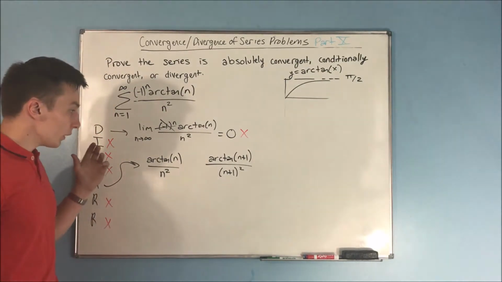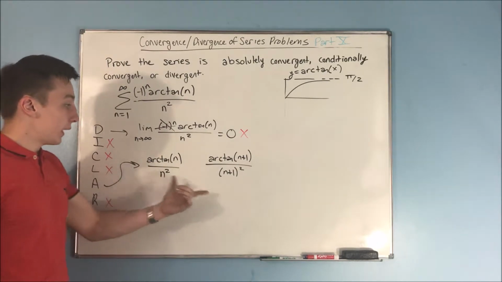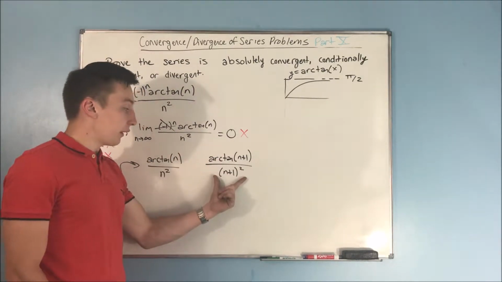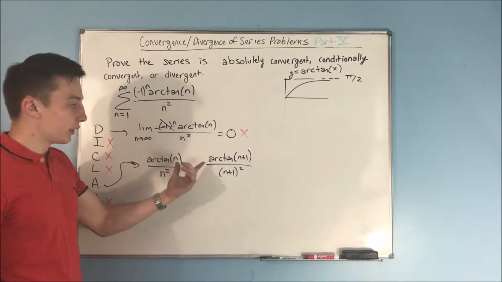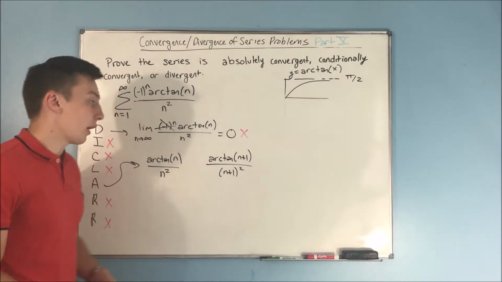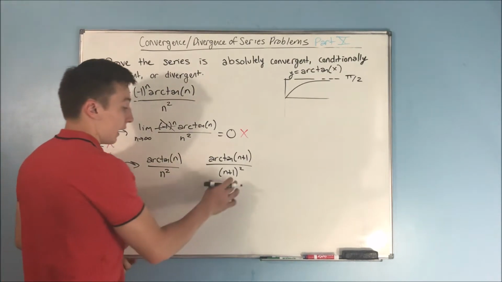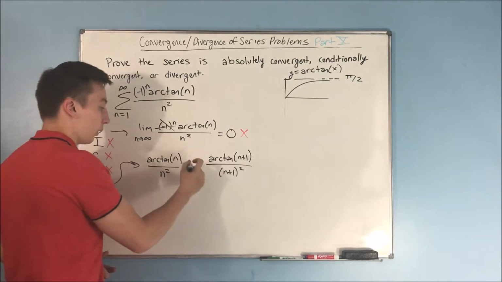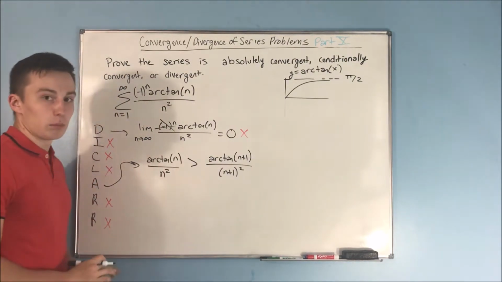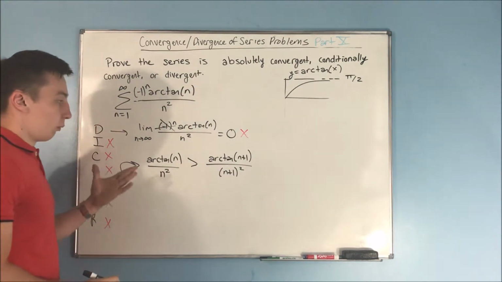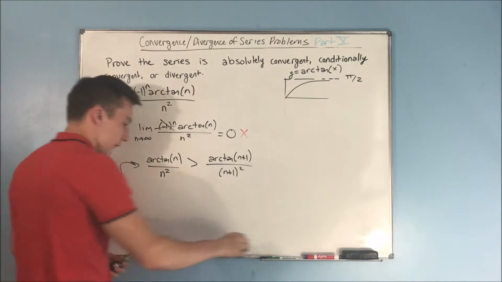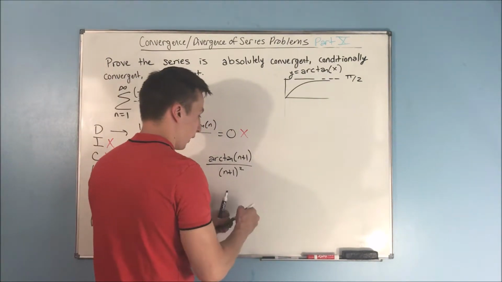Since the denominator is definitely bigger and the numerators aren't differing by too much, this whole fraction becomes smaller than the previous one. So this is decreasing, and we can put a little green check mark here.